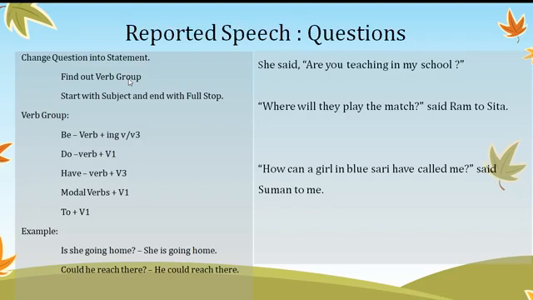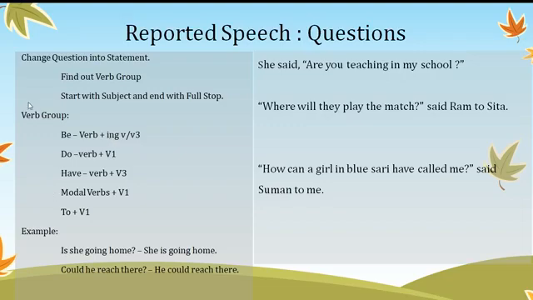Those verbs you have to find out first of all. And then start with the subject and end with a full stop. That is the way to change from a question into a statement. Okay, how do you know the verb group? Verb group is the be verb. You already know the be verb always takes an ing verb or verb 3.